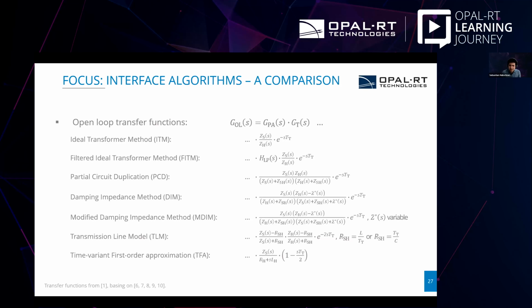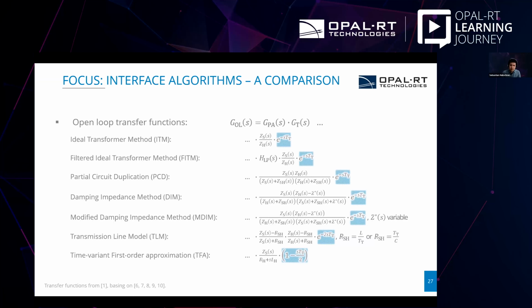What I want to point out is that for all interface algorithms, the open loop transfer function can be described as a function of the power amplifier, as a function of the transducer, the simulated, real and damping impedances, and it is also dependent on the closed loop dead time. So there are different damping impedances, or something else is being utilized in order to stabilize the system in those interface algorithms. Well, this is only to give a short overview.